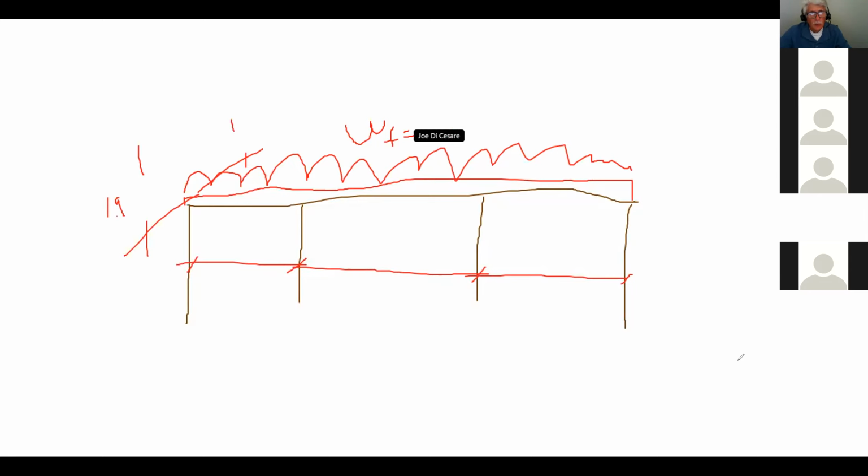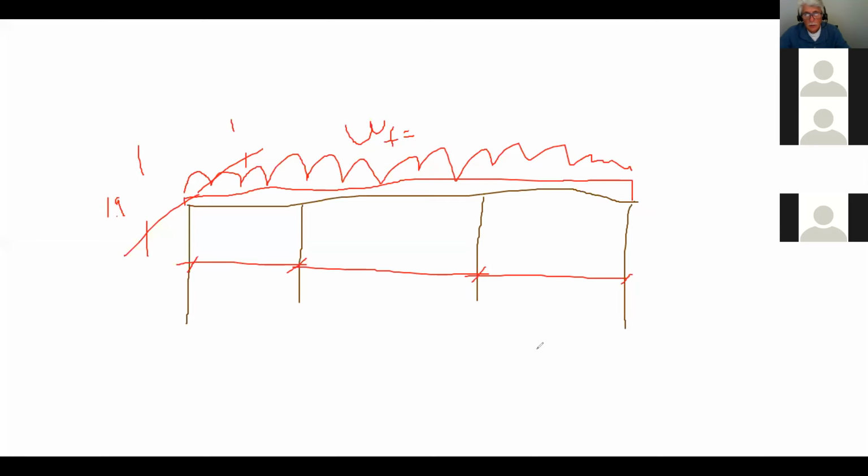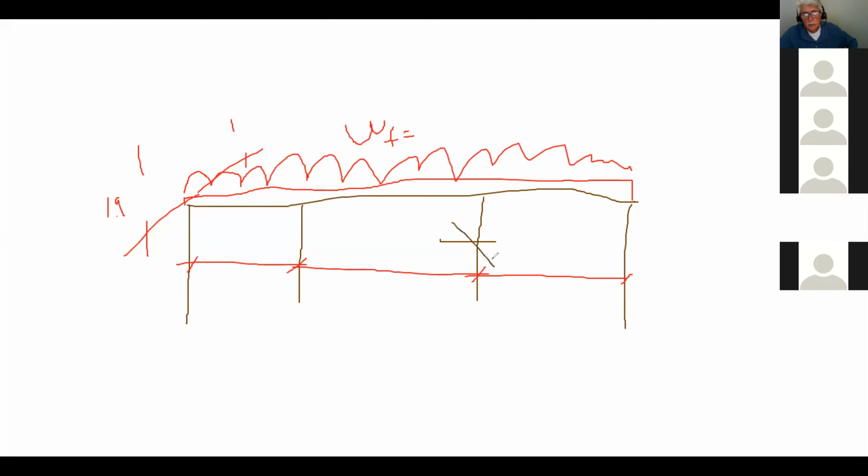Now if you want to remove this column here, which one do you want to remove? Brandon? Which column do you want to remove? Okay, it's this column that we remove. Now, do you know the composition of the existing beam?